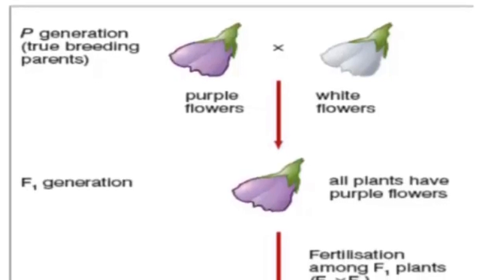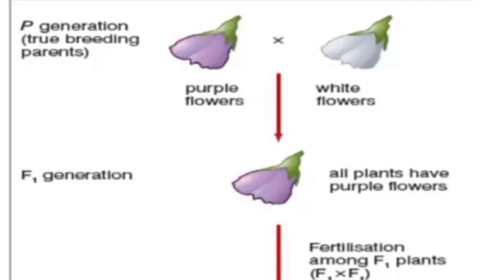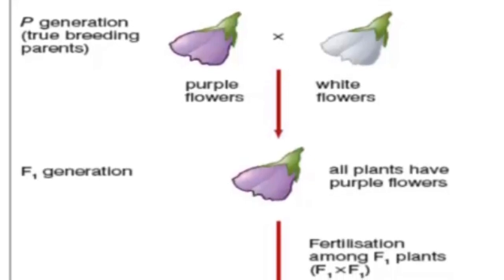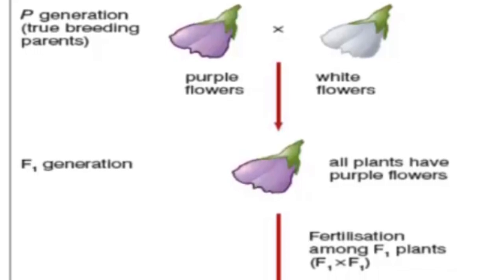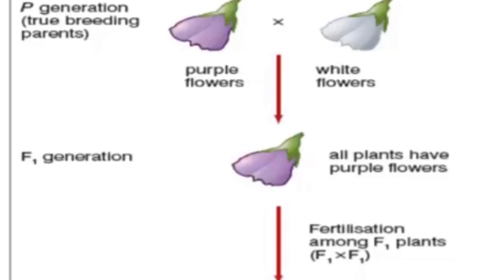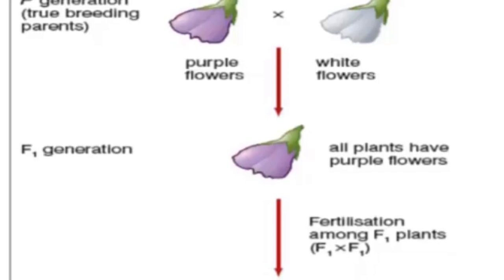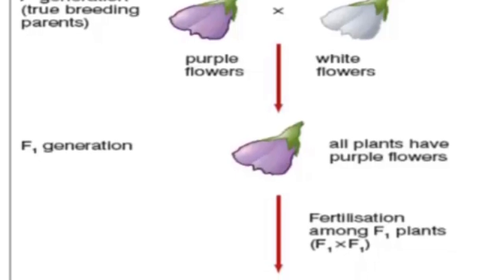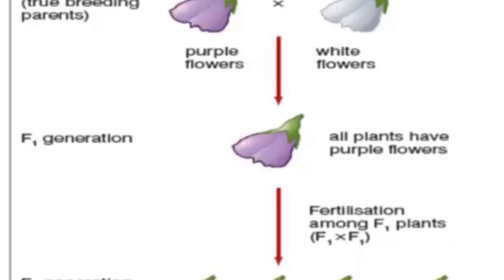When these flowers are crossed, in the F1 generation we find that all flowers are purple in color. Mind you, purple has the dominant characteristic. It dominates the white flower or white color.